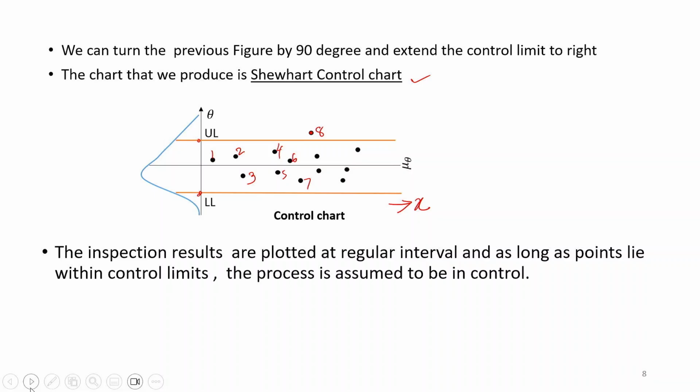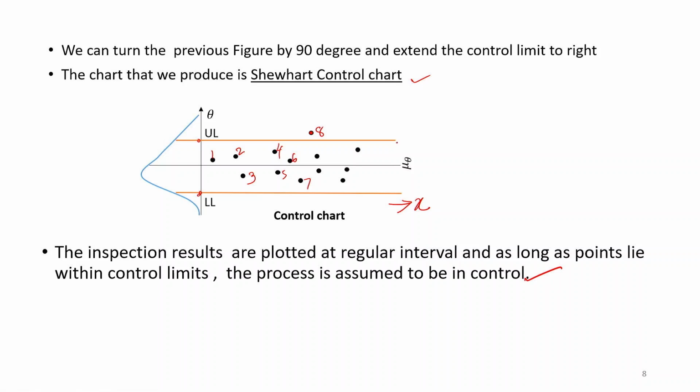So now the inspection results are plotted at regular intervals, and as long as points lie within these two limits, upper control limit and lower control limit, the process is assumed to be under control.